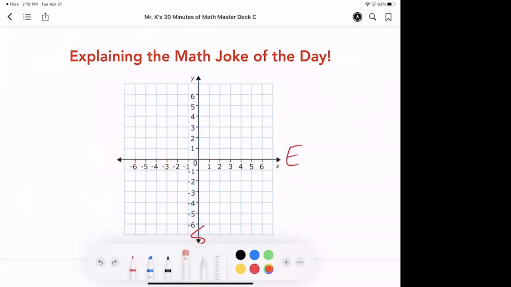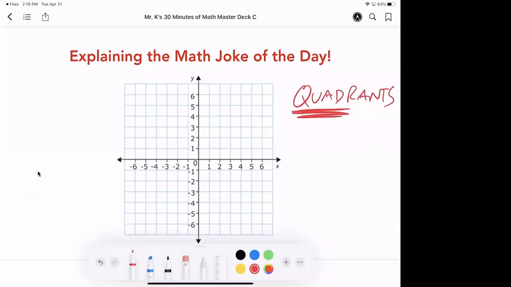Sometimes we use directions, but also we call these quadrants. Quadrants. Anybody know what the root quad stands for? Anybody know? Think of quadrilateral. Little Tang writes in 4. That's right. 4, because there are 4 sections. We call this quadrant 1. We use Roman numerals.